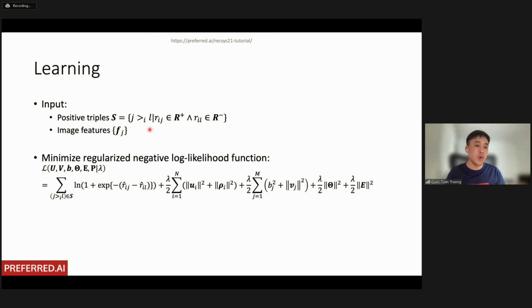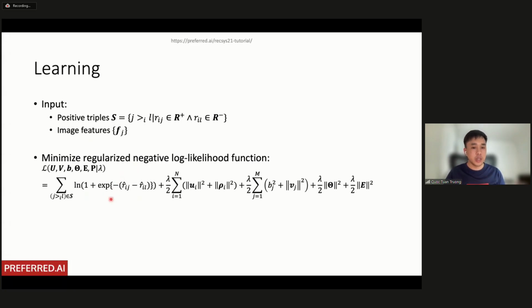So the input to the BPR model leverages triples, because we know that BPR tries to preserve relative ranking, right? The preference between a user and a pair of items. And we also have the image feature as input to the model. With that input, we can set up this learning problem. And this is the negative log likelihood function that the model tries to minimize.